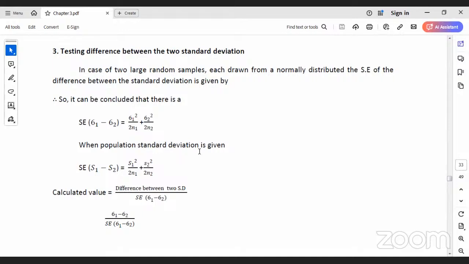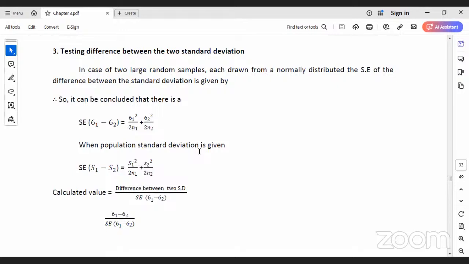In case of two large random samples, each drawn from a normally distributed population, the standard error of difference between the standard deviations is given by: standard error of s1 minus s2 is equal to square root of s1 square by 2 n1 plus s2 square by 2 n2.